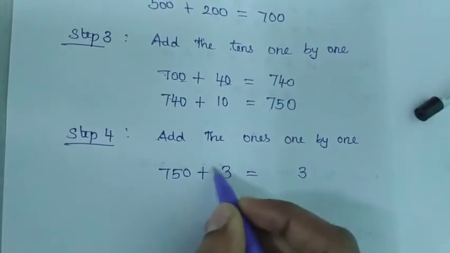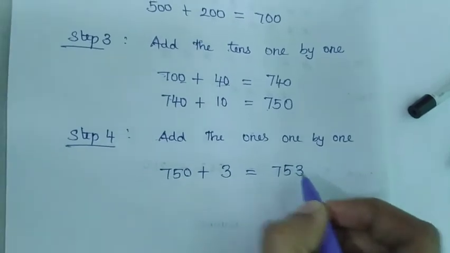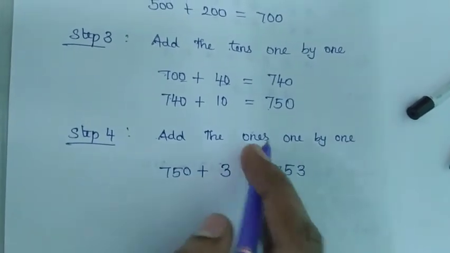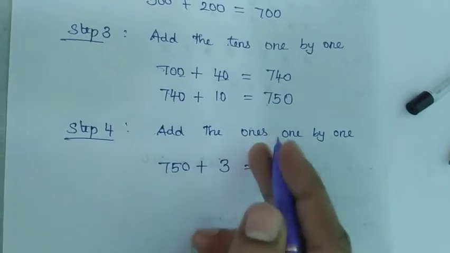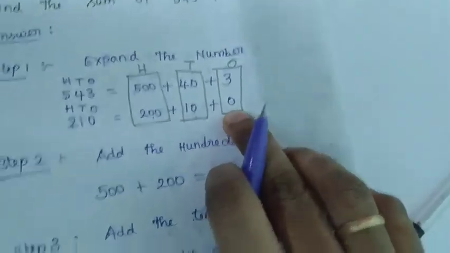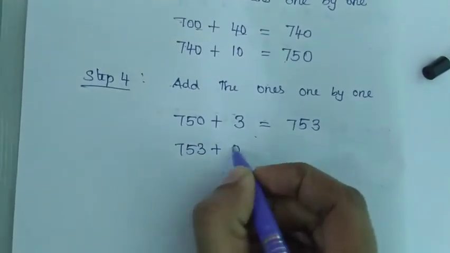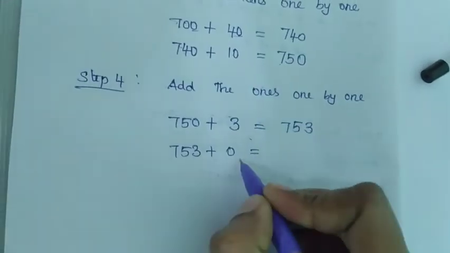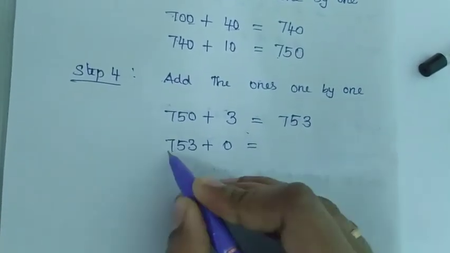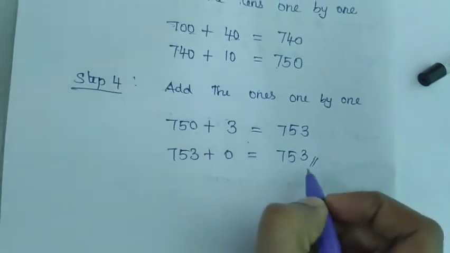And 75, here there is no number, so put 75 itself. So 753. And another number in the ones place. So 753 plus, what is the next ones? 0. So 753 plus 0 equal to what? Adding any number with 0, we get the same number. So 753 is the answer.